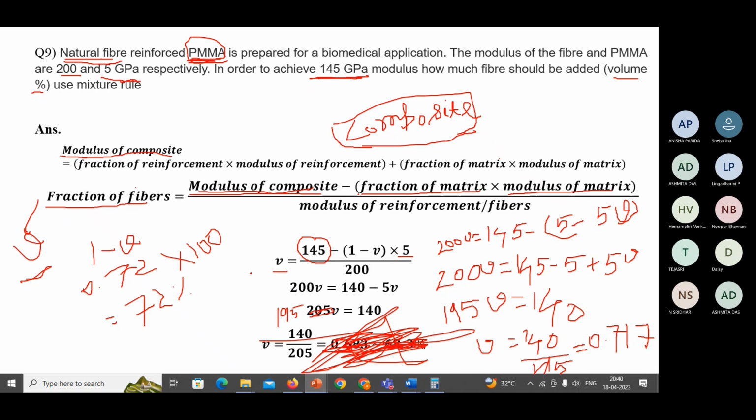You can try to solve, taking the reference from those books, if you need to solve more questions. So anyone have any doubt or any question?